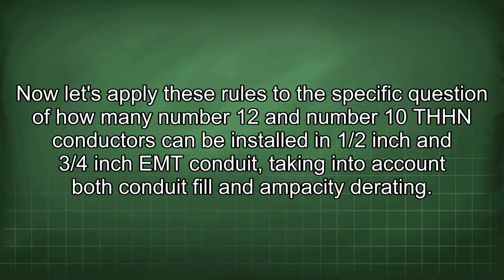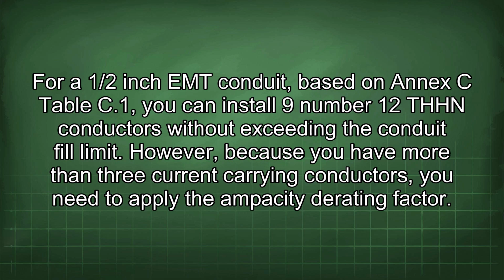Now let's apply these rules to the specific question of how many number 12 and number 10 THHN conductors can be installed in 1/2 inch and 3/4 inch EMT conduit, taking into account both conduit fill and ampacity derating. For a 1/2 inch EMT conduit based on Annex C Table C1, you can install 9 number 12 THHN conductors without exceeding the conduit fill limit.